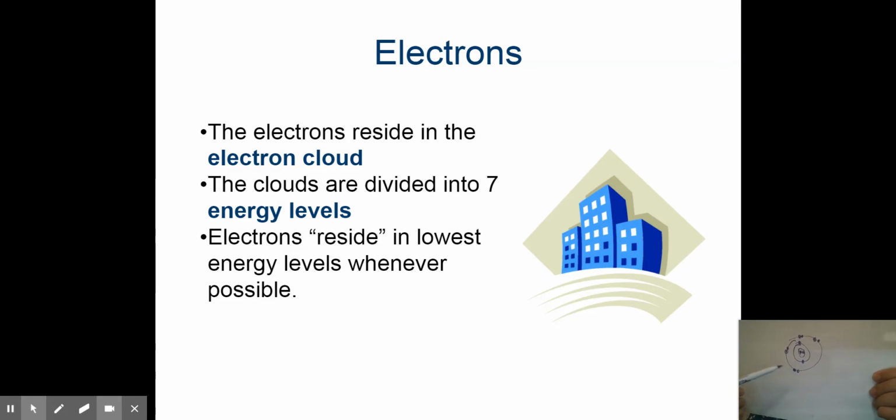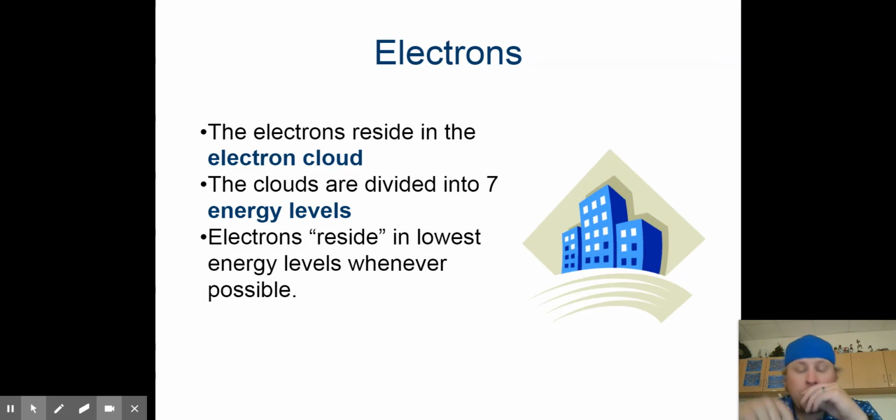So right here, you'll start to see the circle that goes around it, and I'm trying to do this backwards. That is the electron cloud. Again, they are divided into 7 energy levels. And electrons, they're kind of lazy. And I always say they're lazy like middle school students and teachers and basically every human that's ever existed. They want to do as little work as possible.